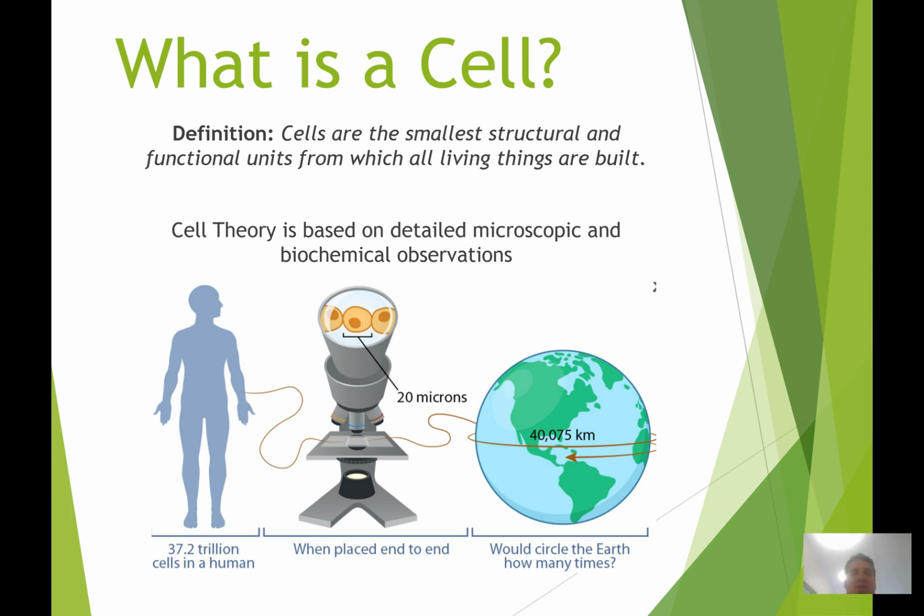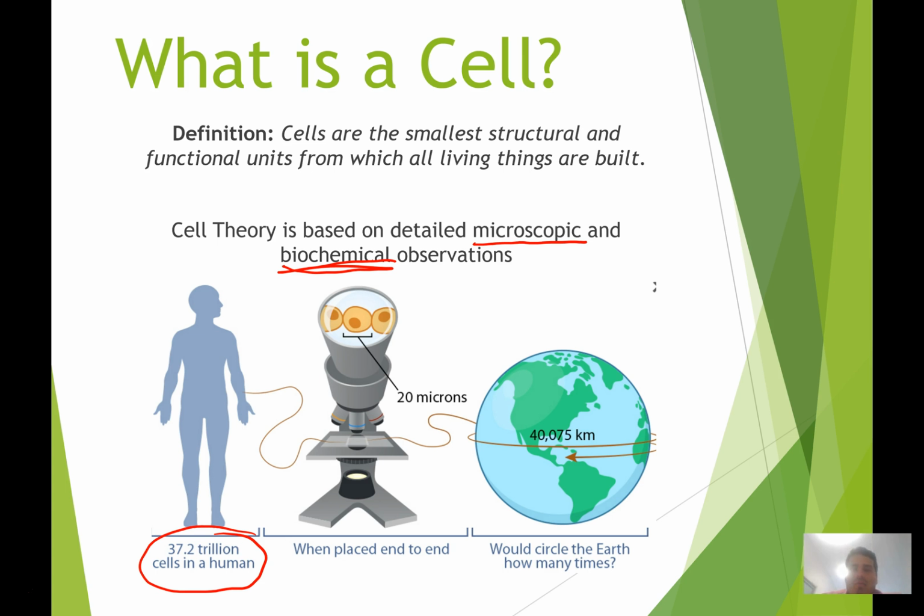And how we know about cell theory is based on detailed microscopic and biochemical observations. So both looking through a microscope, but also looking at the biochemical nature, so the living chemistry of living things. Inside your human body, you have about 37.2 trillion cells, give or take a few million.